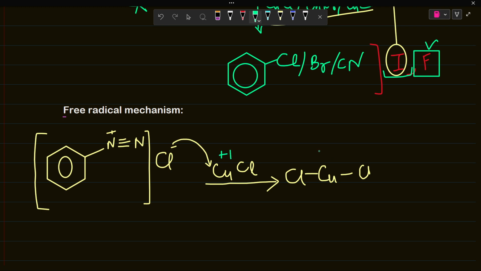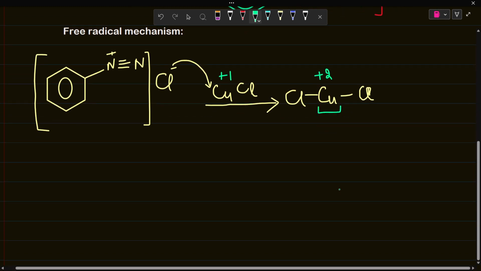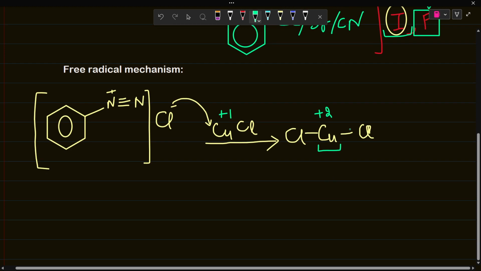Now it has converted to +2 oxidation state, and you should know that it is stable in +1 oxidation state, because in that it has a d10 configuration. So this CuCl now will try to go back to that condition. For that, it will be undergoing two steps.